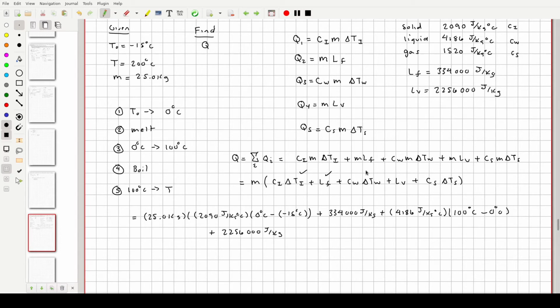So that's taking care of this, this, and this. Now we have our steam. That's about 1,520 joules per kilogram degrees Celsius. Our final temperature is 200 degrees Celsius, and our initial temperature is 100.